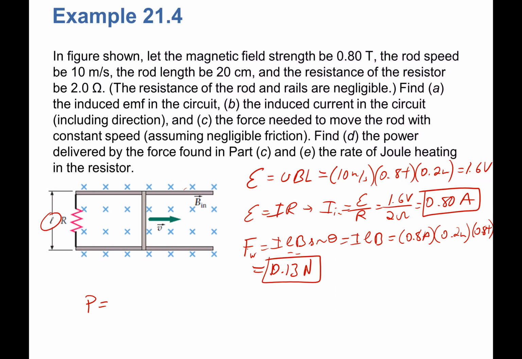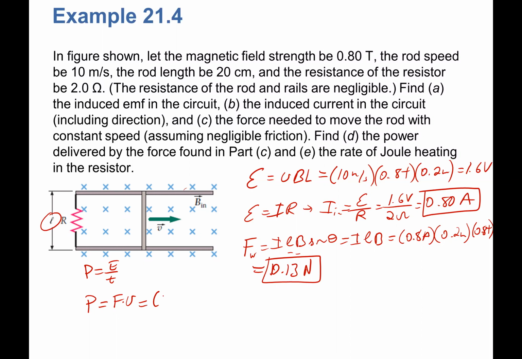So one of the things we can do here is to find power. If you know the amount of force that you exert and the velocity of your system, then power equals force times velocity. This is one of the equations of the power. Remember, power is energy over time, but it can also be converted into force times velocity.